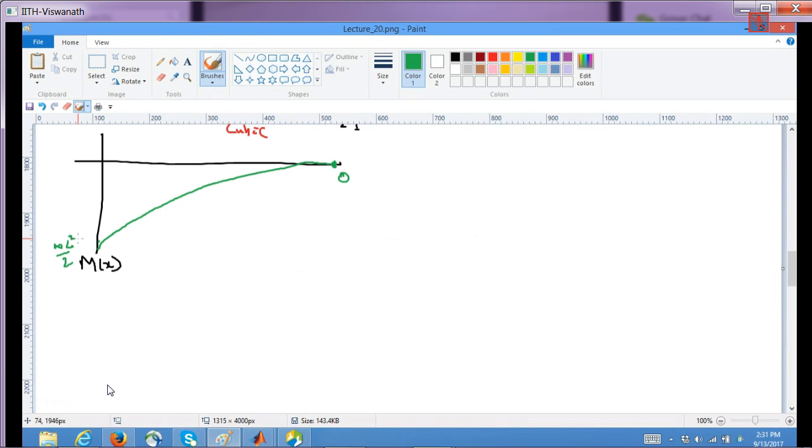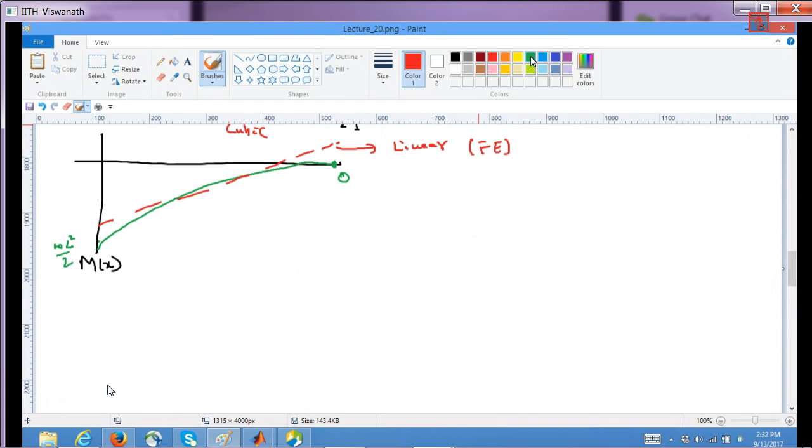However, the FE solution for this problem would be something like this. It's linear, so it's a straight line, something like this. So this is the linear FE solution.